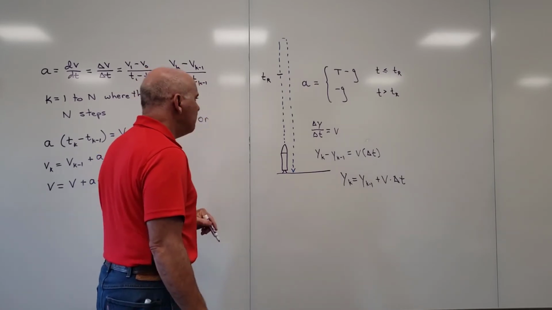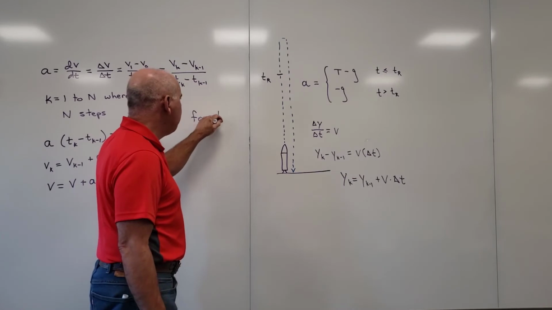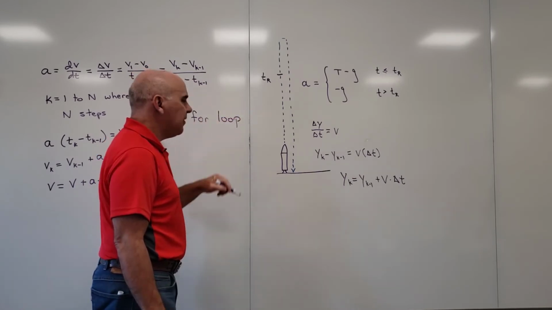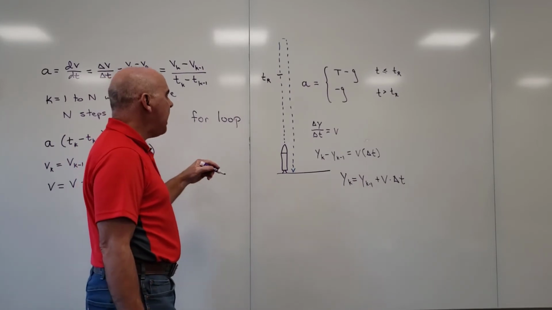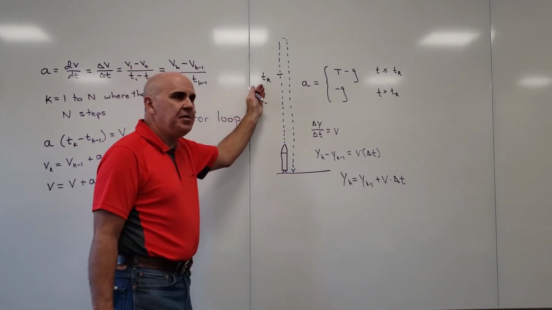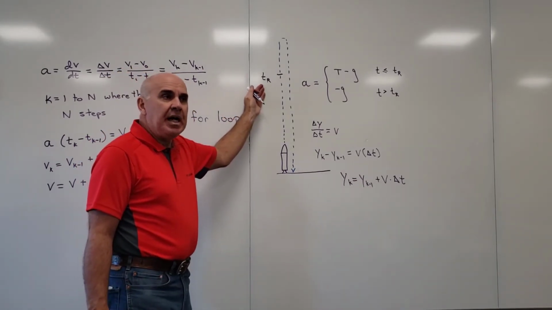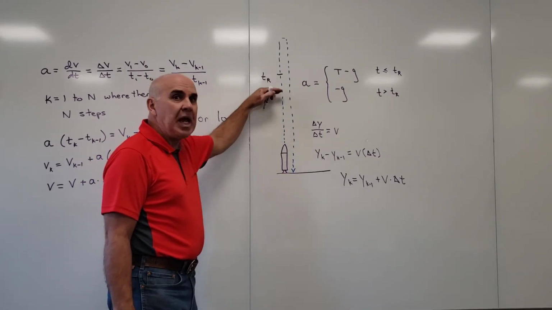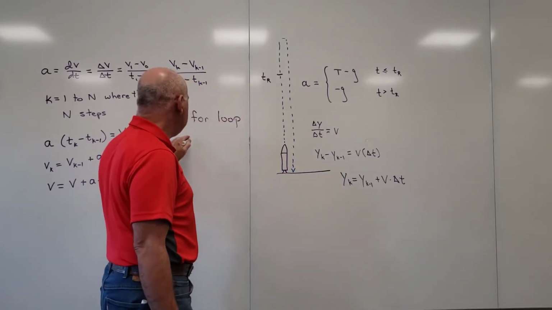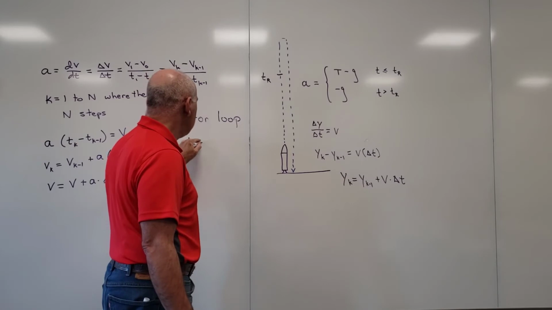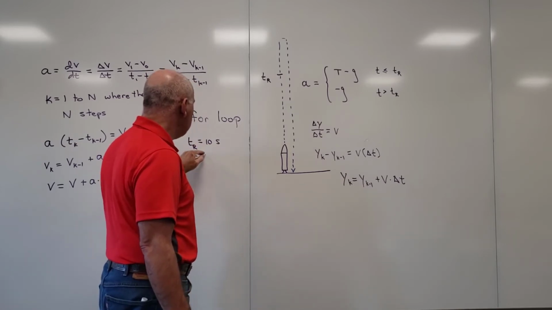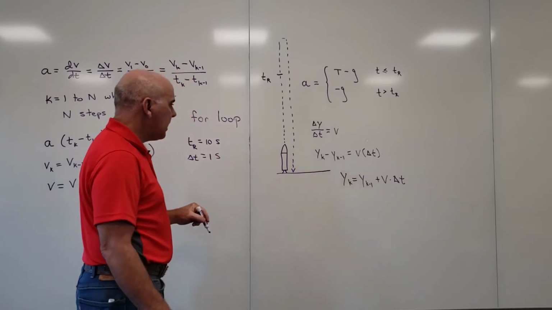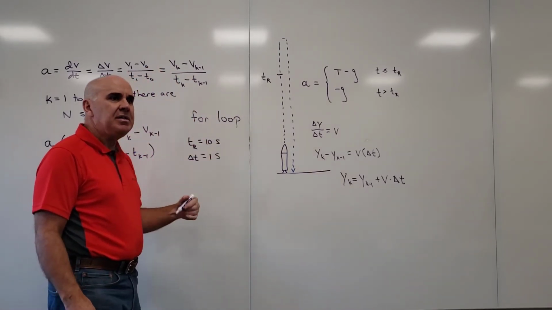Now the for loop is going to have a specific number of designations. And so I might say, hey, maybe T sub r is 10 seconds. And so I'm going to do this every second. Right? So if T sub r is 10 seconds, and I'm going to make my time interval equal to 1 second, then I'm going to recalculate this 10 times.